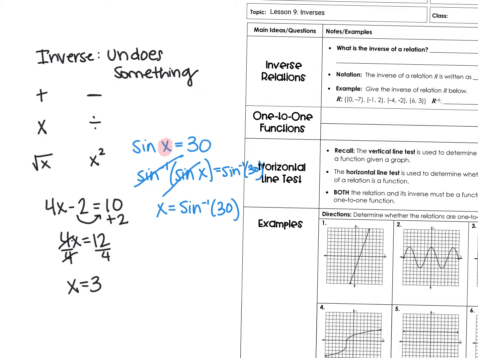So an inverse is something that undoes something else. You can think of it as like you tie a knot and then you untie the knot. And we're going to look at inverse relations today and inverse functions. And hopefully the trig stuff that has been done previously will make even more sense.